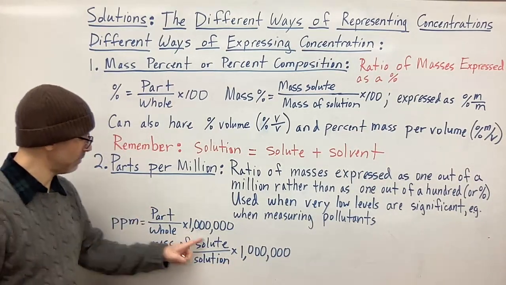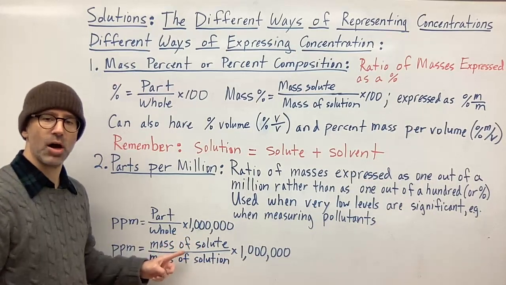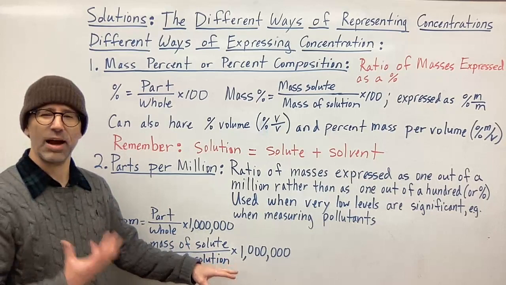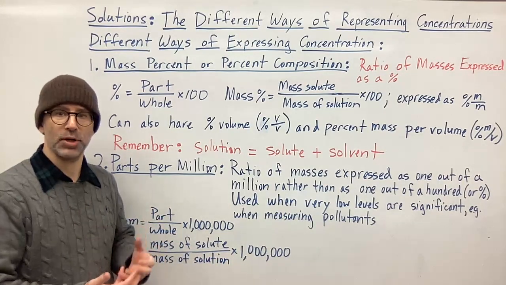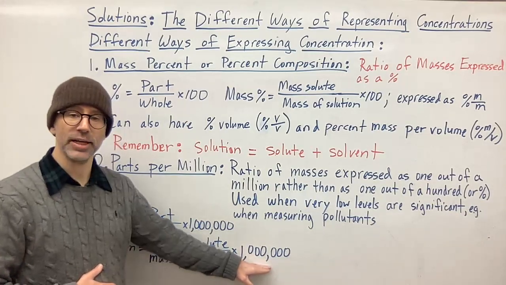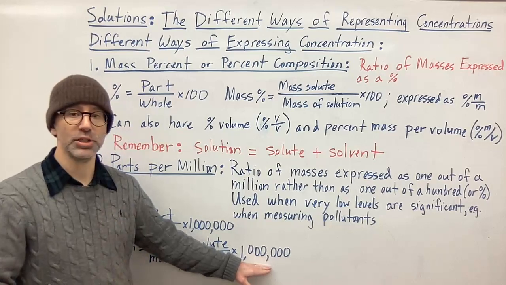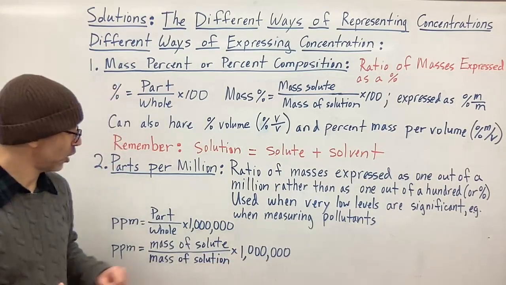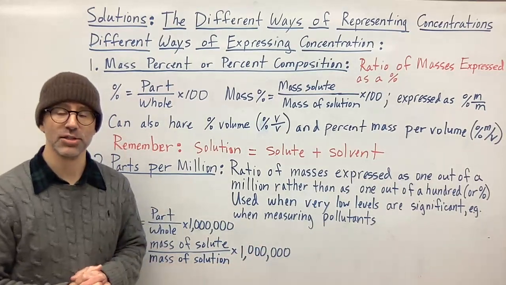And so usually the mass of the solute is going to be very, very small. So in order to get a number that's workable, like 1 part per million or 100 parts per million, you've got to multiply by a million to get a reasonable number to work with. Otherwise, they're going to be really, really small numbers. And so this is more convenient to work with when you're dealing with very small concentrations.